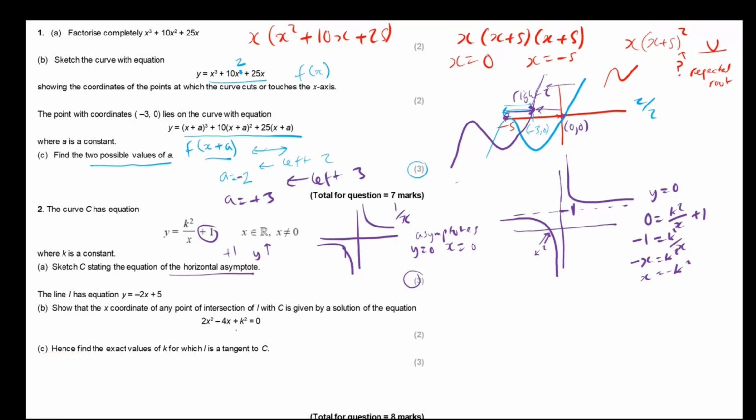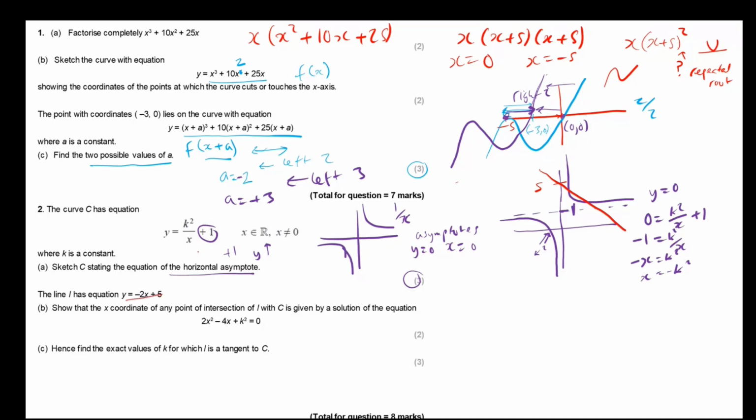I'll let you have a little think about that. It's going to do something like that. It's minus 2x plus 5. So how can we show that? When they intersect, what's going to happen?